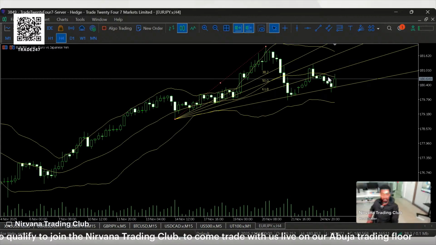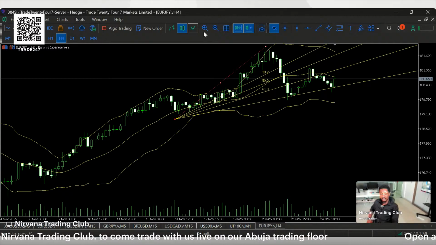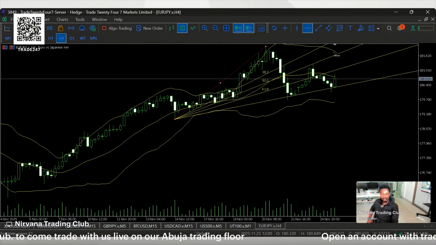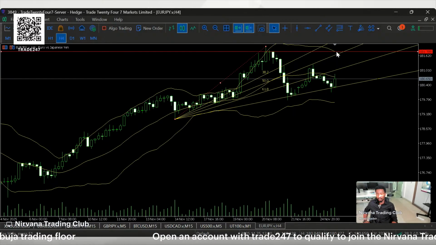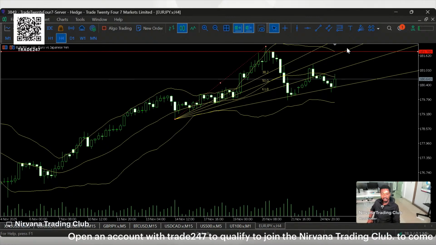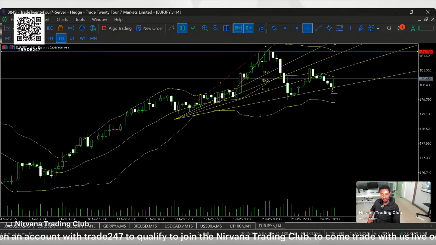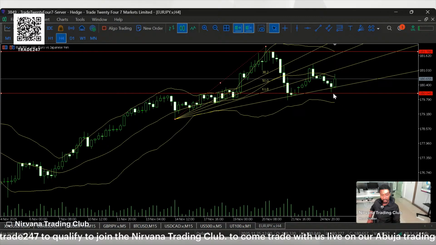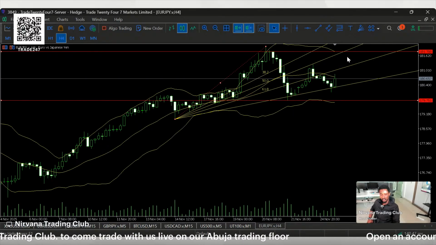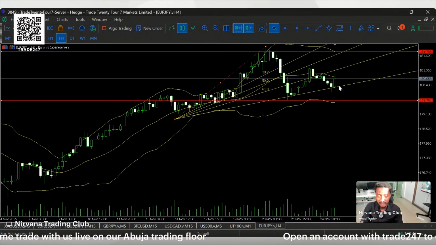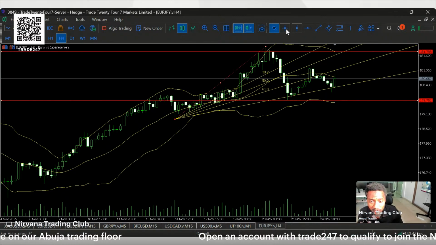So we're anticipating price to get here for Euro JPY and SL just below here. This is a very good risk to reward.